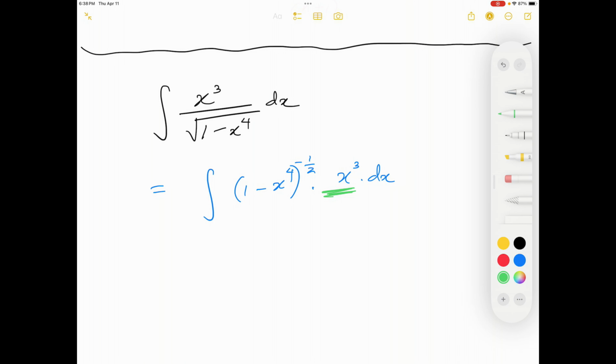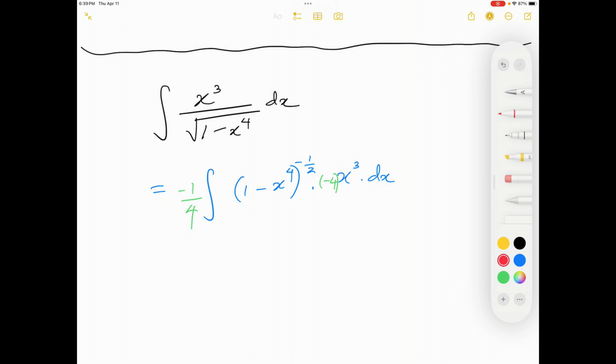But I have only x cubed. If I differentiate 1 minus x to the fourth, I'm going to need a 4x cubed, in fact, a -4x cubed. I can create that by writing a -4 here and dividing that by -4, like this.